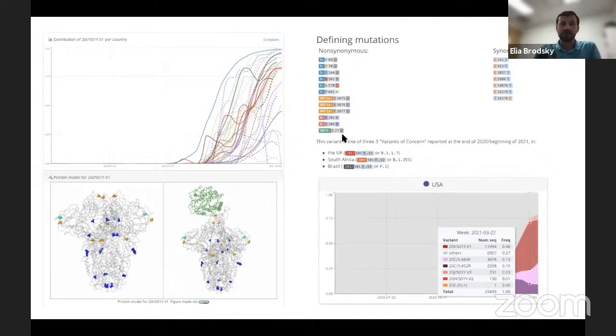You can also see the specific mutations that define a particular clade or a strain. So here you can see specific variants of concern down at the bottom, the famous ones like the UK, South Africa, and Brazil. And you can also see how these mutations are mapped onto 3D structures. So all of this information is widely accessible.